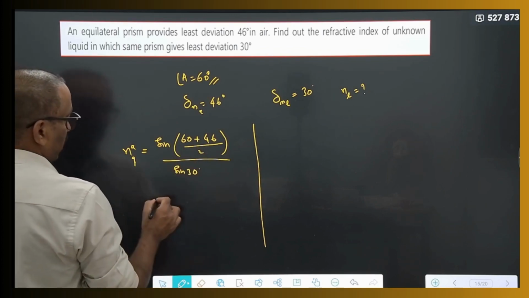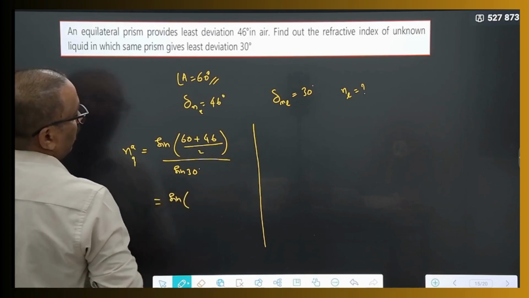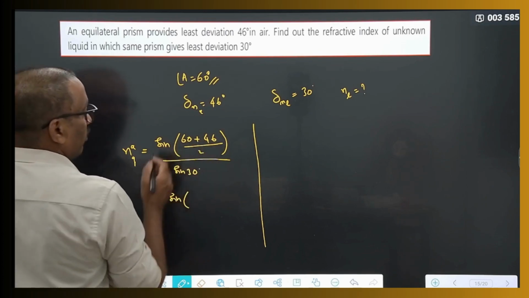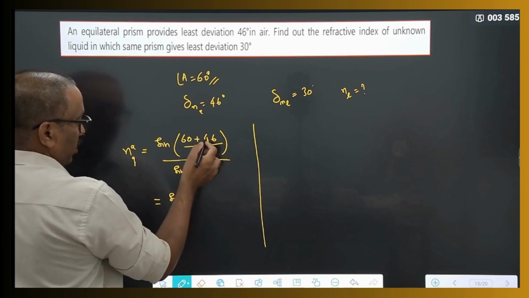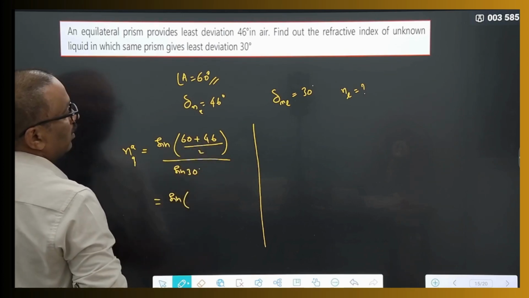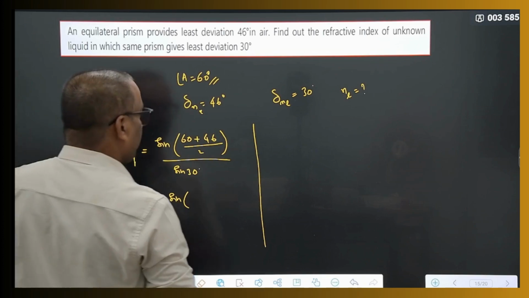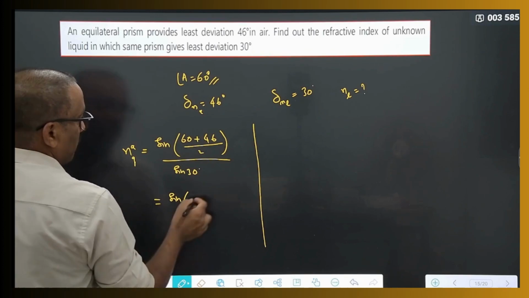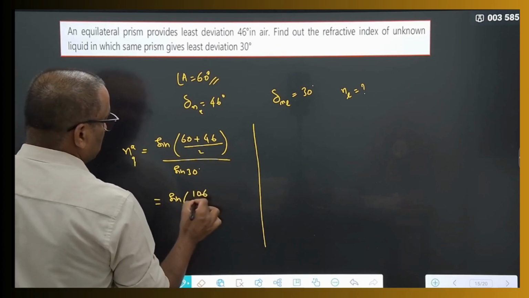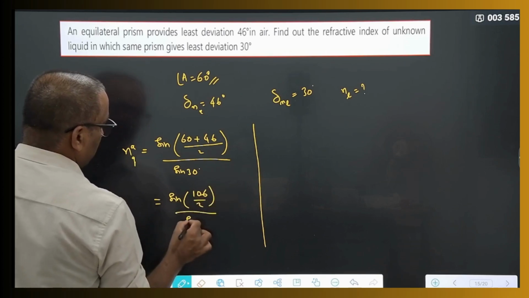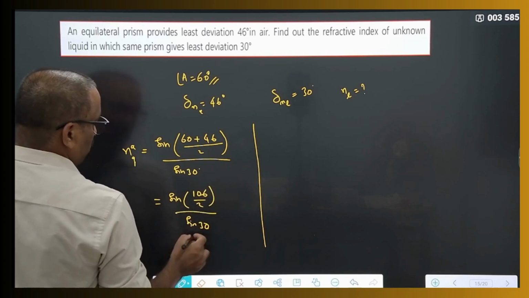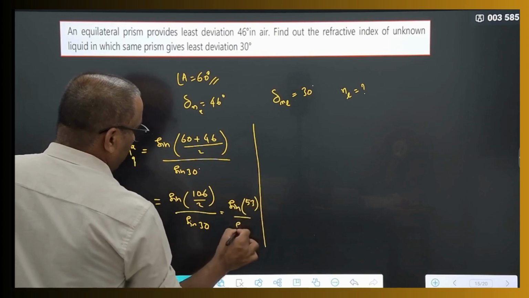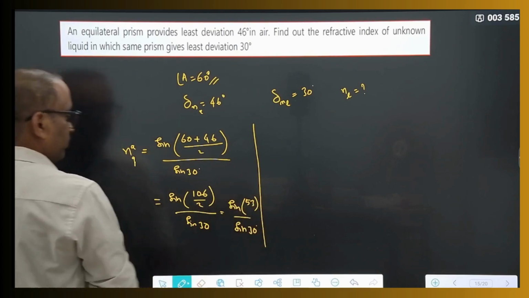Now what will you get? 60 plus 46 is 106, divided by 2, so sine 53 by sine 30. Clear?